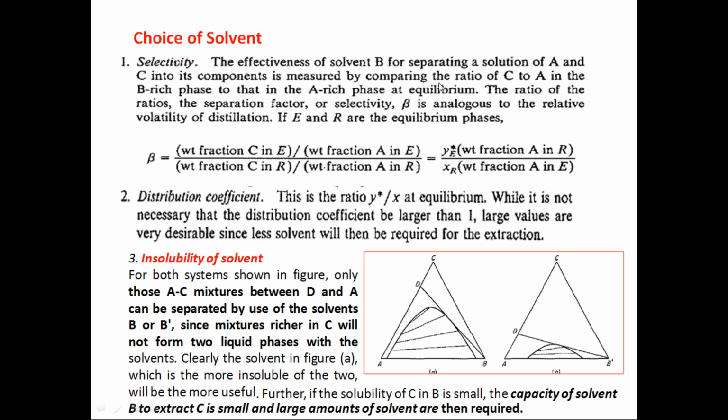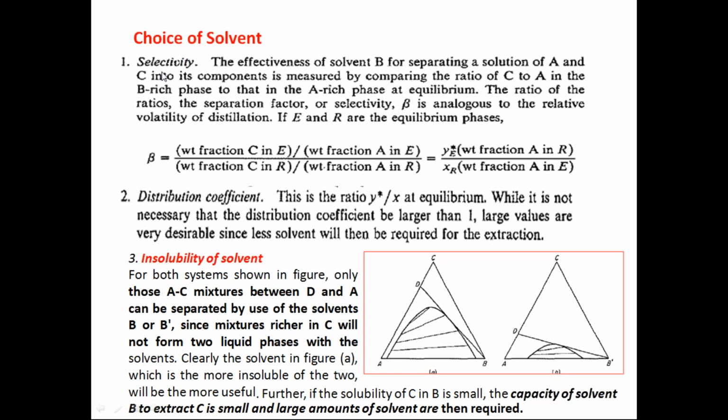For example, if you take a solution in which a heterogeneous phase is observed, then if you wait some time, this heterogeneous phase will settle into two different phases. Then if you separate, you will get the two different phases. One is called the A-rich phase and the other is called the B-rich phase, or you can also say the extract phase, that is E, and the raffinate phase, that is R.